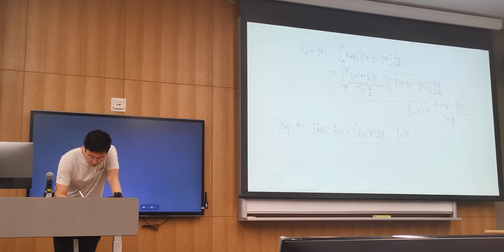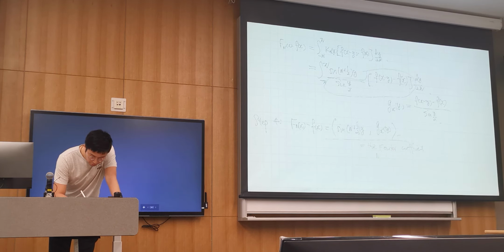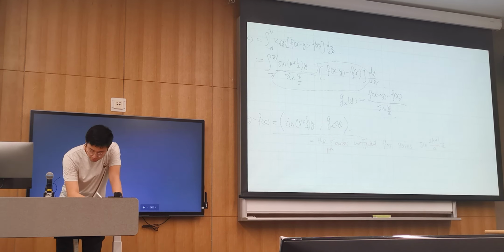This is exactly the nth Fourier coefficient for the series sine of (2k plus 1) over 2 x. Well, y, it doesn't really matter over here.